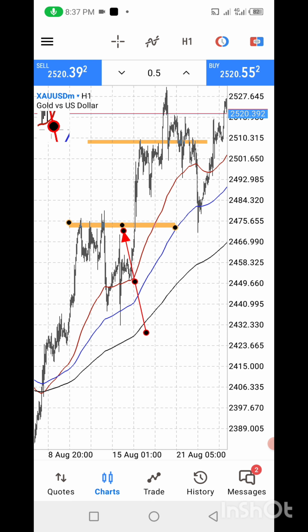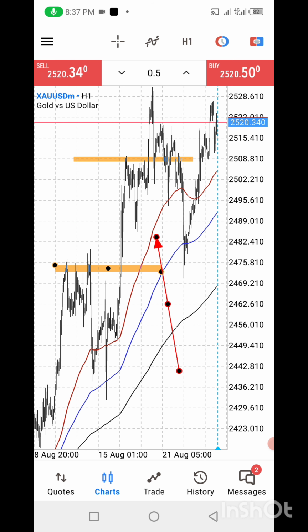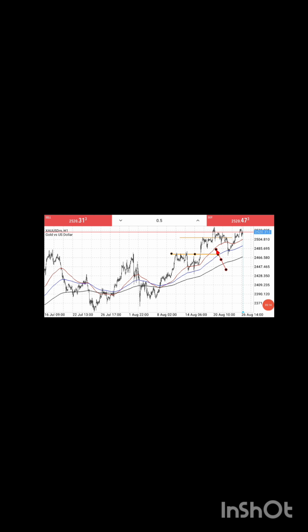So what you need is to understand the characteristics of the movement. An example of what I mean by characteristic is: on which of the moving averages does the price saturate?